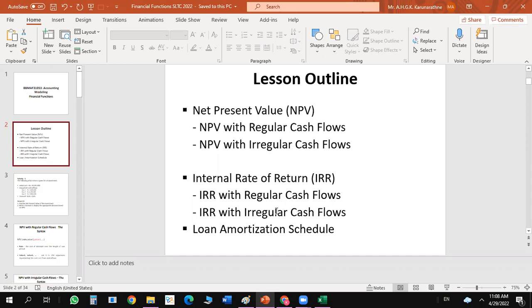If your NPV is positive, we generally consider your project adds value, your business wealth is increased. If the NPV is negative, that means if you accept your intended project, your business wealth will be destroyed.